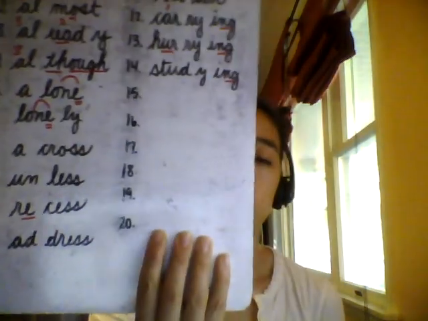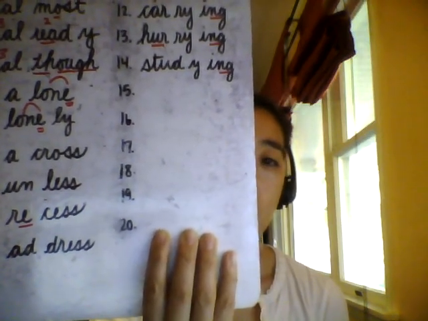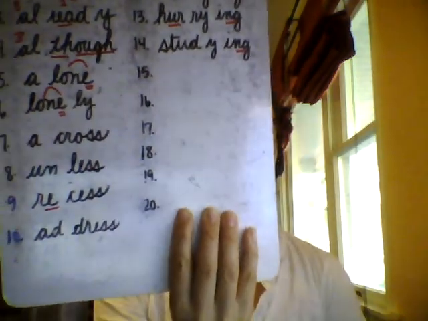First syllable is accented. Study. And then add the ing as the third syllable. It looks like this. Spell studying out loud. Studying.